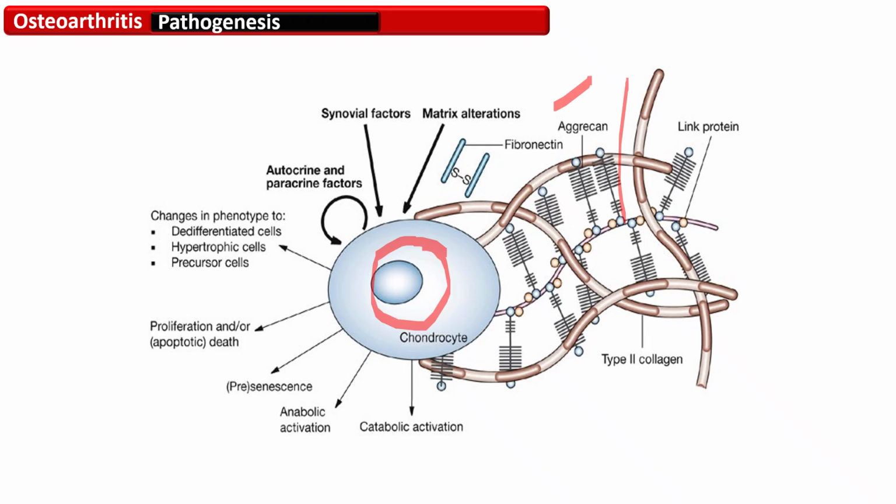The number of cells is also altered by proliferation or programmed cell death, that is apoptosis, and also by senescence. All these contribute to the dysfunction or loss of function of the chondrocyte.